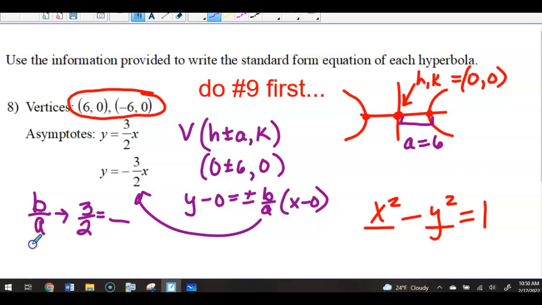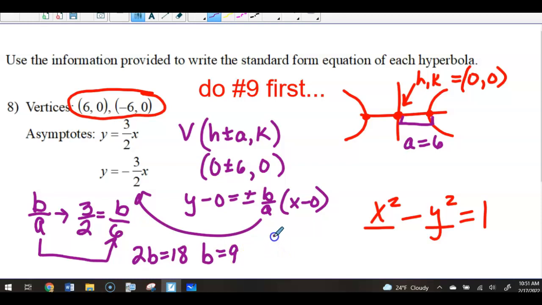So a being 6 goes down here, and I need to figure out what b is, because it's been reduced. This was something over 6, and now it reduced to 3/2. So if I cross multiply here, I get 2b equals 18, b equals 9.